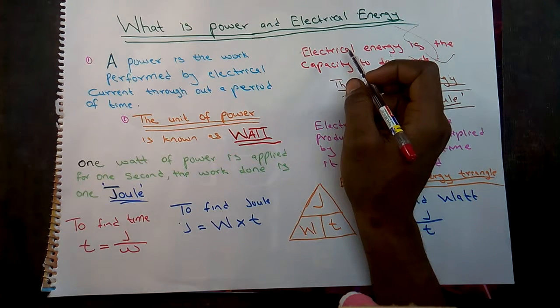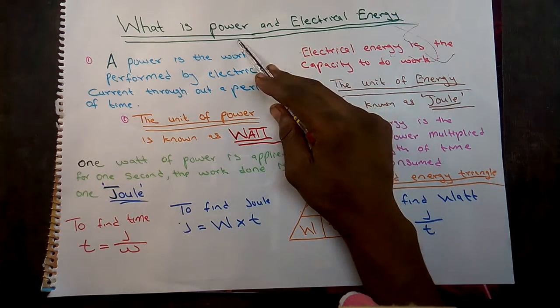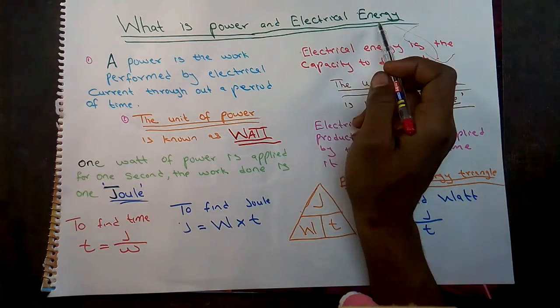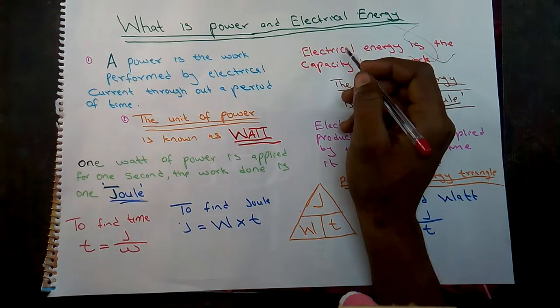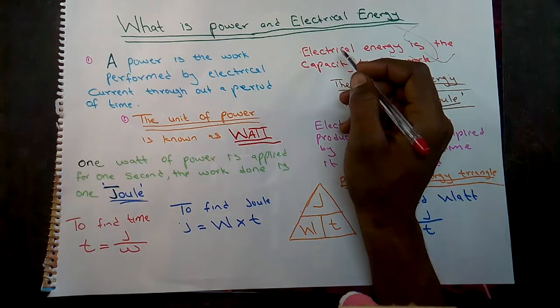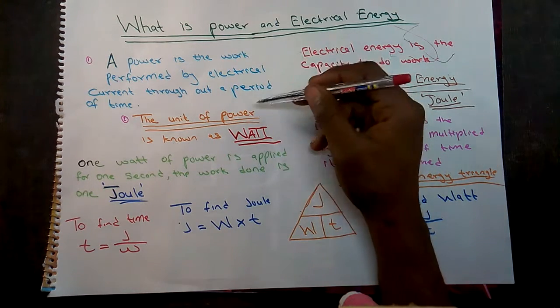In our own definition now, that sentence, we don't have the energy to work, is applied to electronics. Power is talking about work, while energy is talking about the strength being used in performing that work. Okay, so whenever you see power, know that it's talking about work being performed.